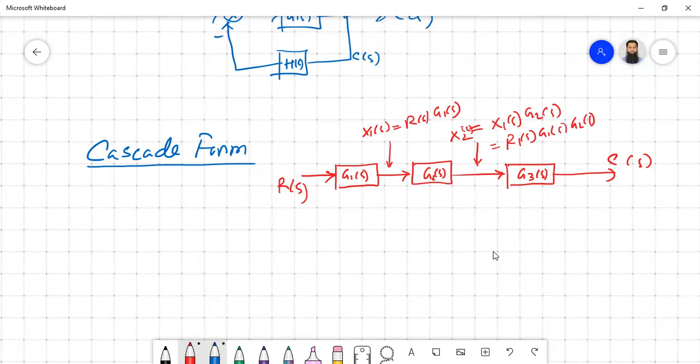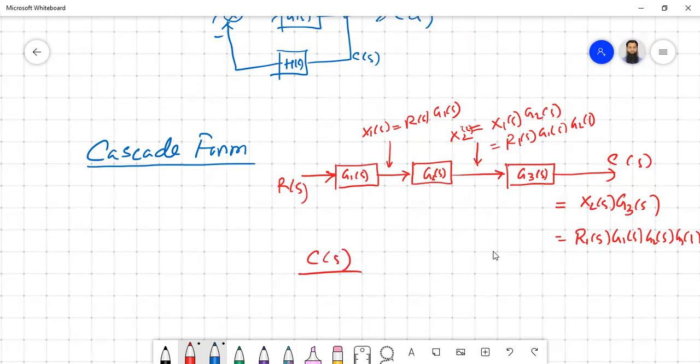Similarly, for the final one, the output should be equal to the X2S input of that one into the transfer function G3S. So if you put in the value of X2S, what you are going to get is RS, then G1S, G2S, and G3S. So this is your output. Output by input should be your equivalent transfer function.